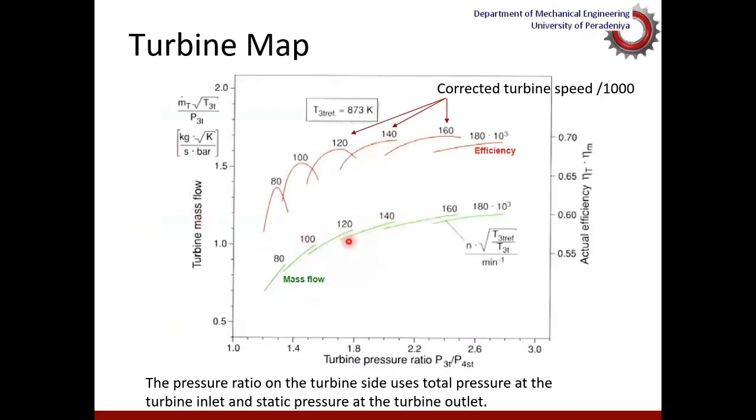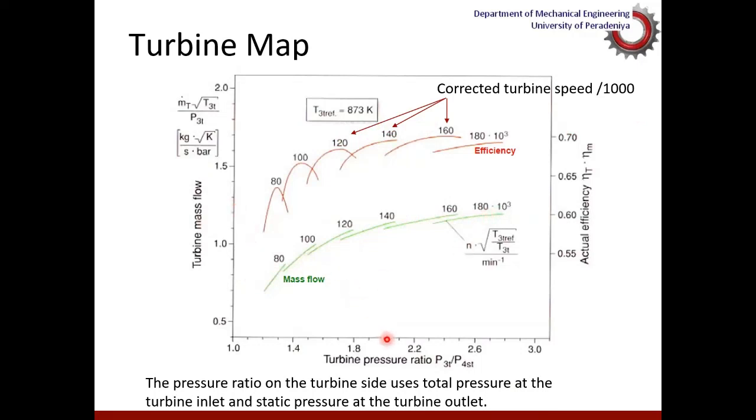And this one is a turbine map where the y-axis is turbine mass flow, again normalized quantities, and then the turbine pressure ratio. These curves are the efficiency curves at different speeds. These are the corrected turbine speed divided by 1000, and these are the mass flow rates.